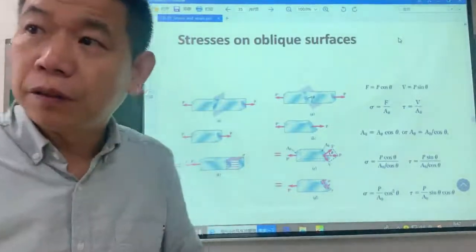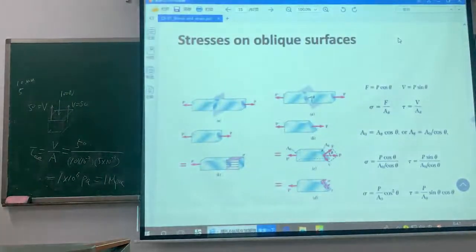So, what about our body? I don't know, because it is not a building material. How to judge why the material is broken? It's a bad experiment. But in engineering practice, we can divide all the materials into two parts.